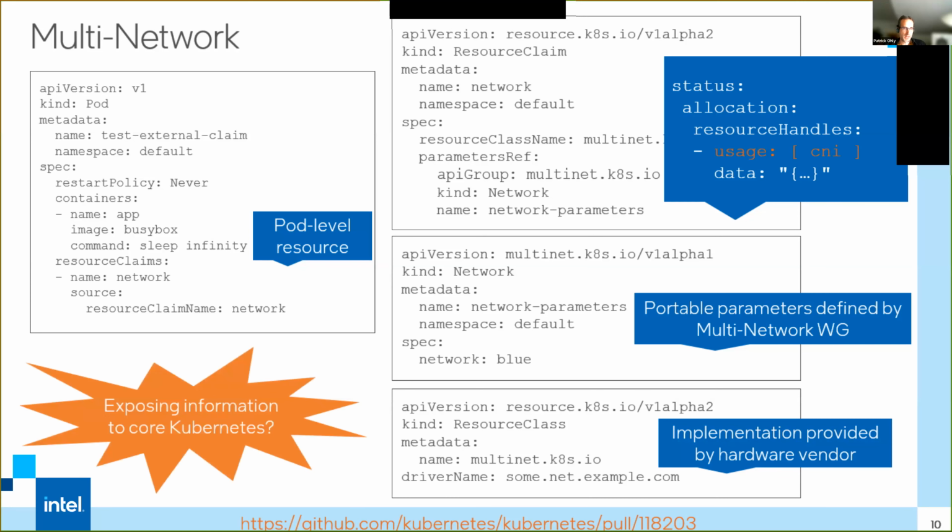The big gap that I see is the question of how you could then deal with this and build additional APIs or additional behavior in core Kubernetes around this. And I don't have a proposal for that, to be honest. So we could standardize on certain fields in the resource claim status. For example, this data field that I'm showing on the right-hand side in the resource handle.